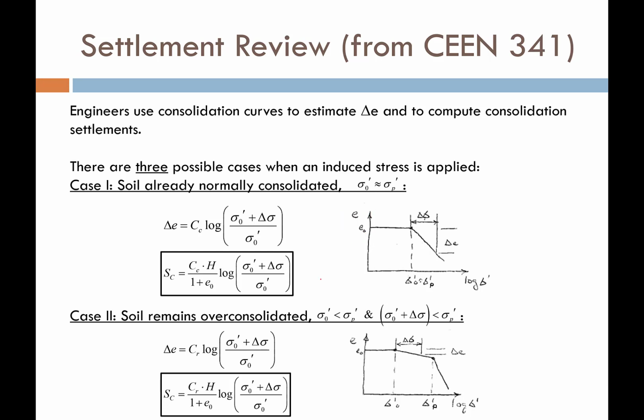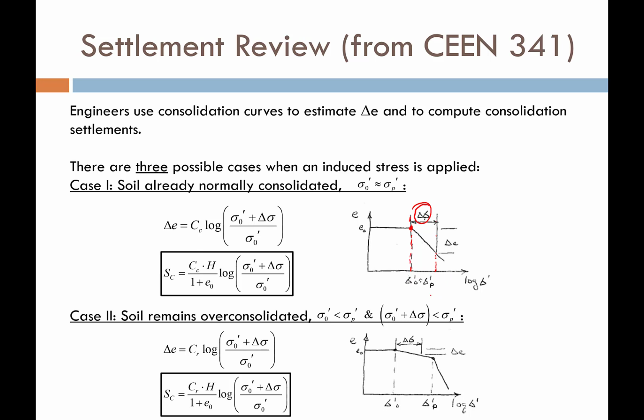So there's 3 possible cases that we could have. For instance, if my original stress was right here, and then I have some induced stress, and that induced stress takes me all the way down here on the virgin compression line, I was already normally consolidated because my initial stress was equal to my pre-consolidation stress.